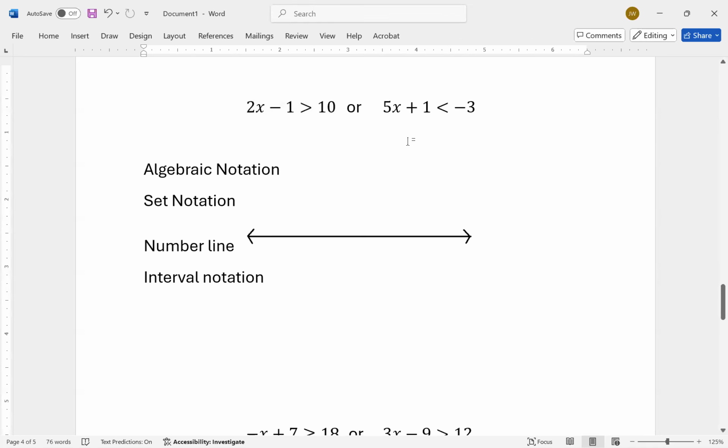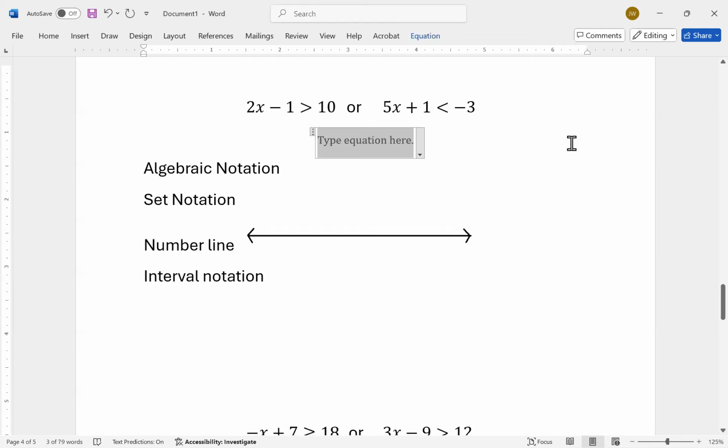On these or type compound inequalities, we're going to solve each one individually. Now, I'm going to kind of do them at the same time, but you can solve one and then solve the other if you'd like. In this first one, the left-hand side inequality, I'd add 1 to both sides.